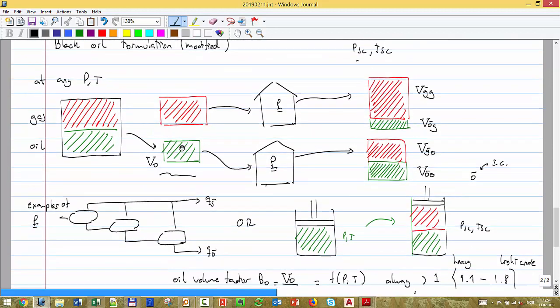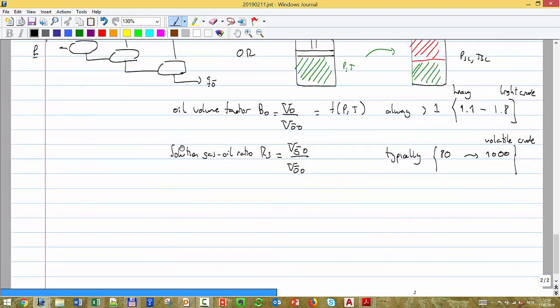Now with these two new numbers, and this will be VG, I create two more factors. Petroleum engineers like their factors, they enjoy them very much. So the gas volume factor, BG, is the volume of gas divided by the volume of gas from the gas. And how is that number?